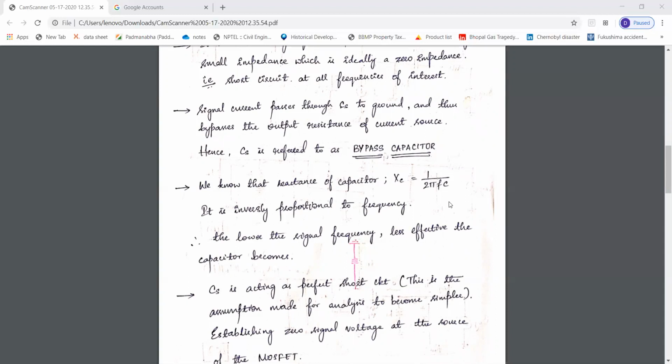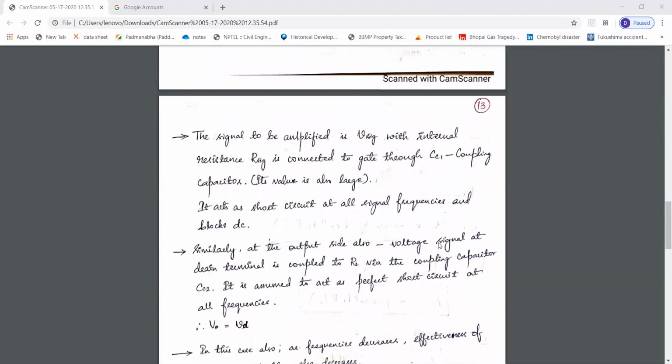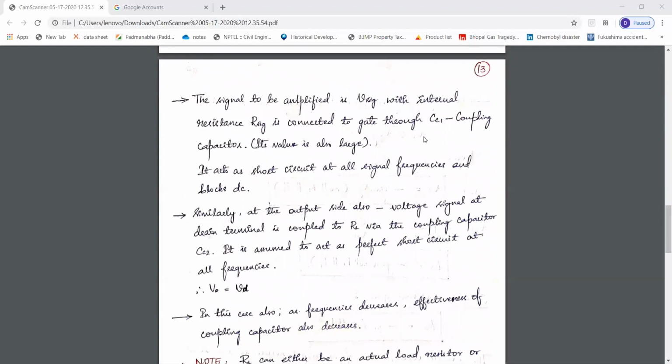If F decreases, the value of XC increases. So it is inversely proportional. And as I mentioned earlier, this capacitance is acting as a short circuit. So in order to analyze this circuitry, we will assume that this capacitor CS will act as a perfect short circuit.